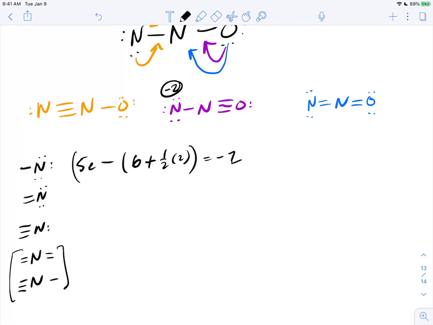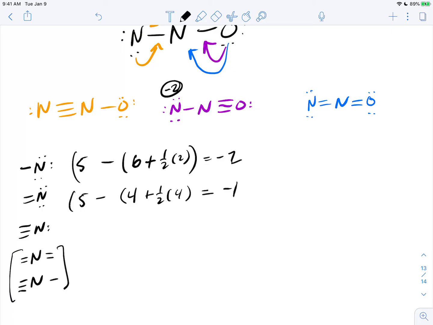I think that's the only one. Nitrogen double bond. We're going to have still 5 electrons. So 5, just 5, minus, now in this case we have 4 unshared plus 1/2 of 4. So you'll see that this goes down by 1.